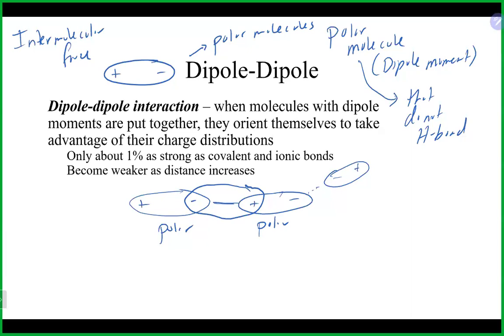It's not going to be perfect where no negatives are near each other or no positives, but in terms of energy, they're able to minimize their energy and keep moving around until they find that optimal arrangement where they maximize the attraction between the negative and positive sides and minimize those repulsion type forces.